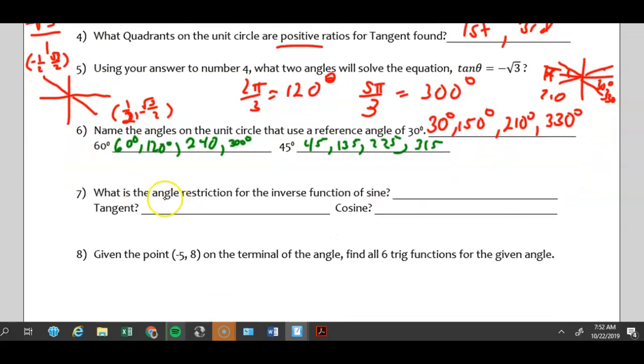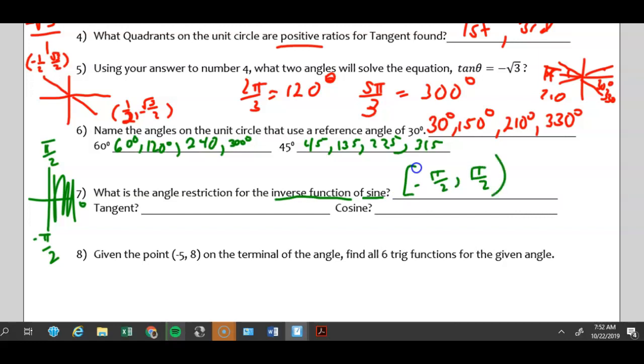Now, for this next one, it says, what is the angle restriction for the inverse function of sine? Well, remember, sine can only exist on this right half. So we have π/2 up here, and we have negative π/2 down here, because remember, we only use from 0 to π/2 and 0 to negative π/2. It doesn't go all the way around to include the larger angles. So sine, what would we say then? From negative π/2 to π/2. Oops, that's a bracket because it's included.